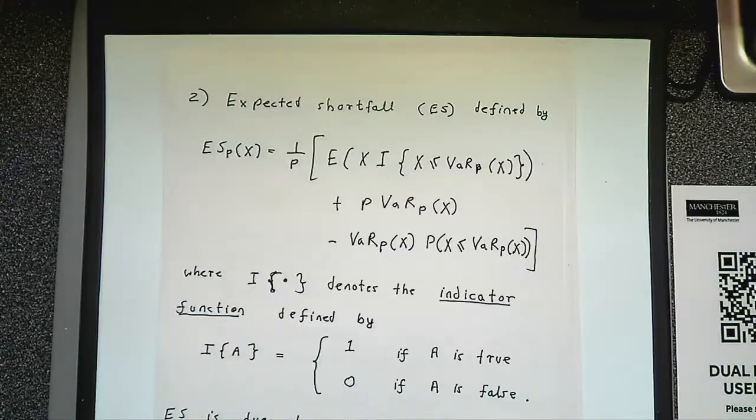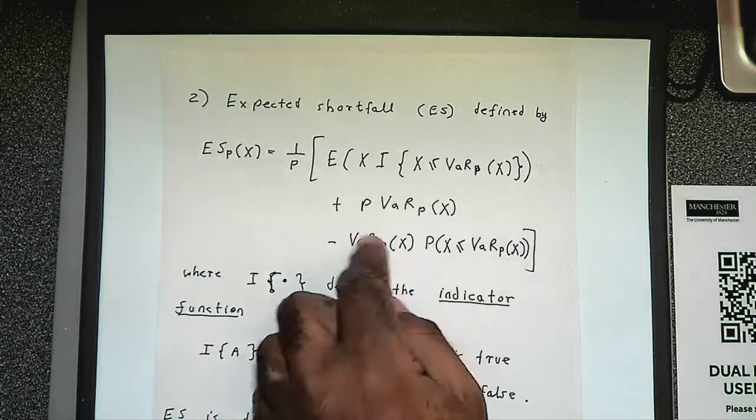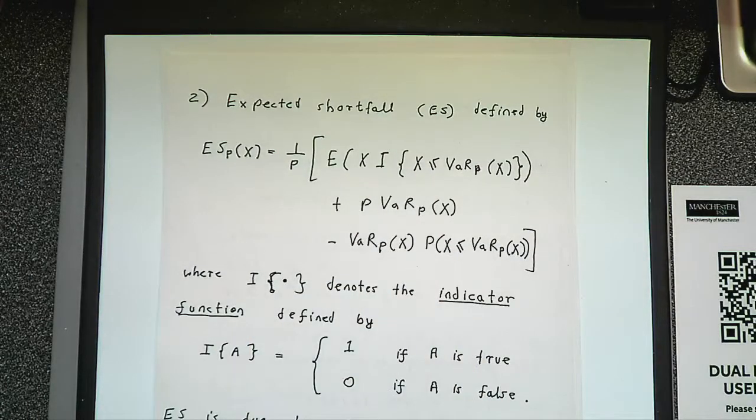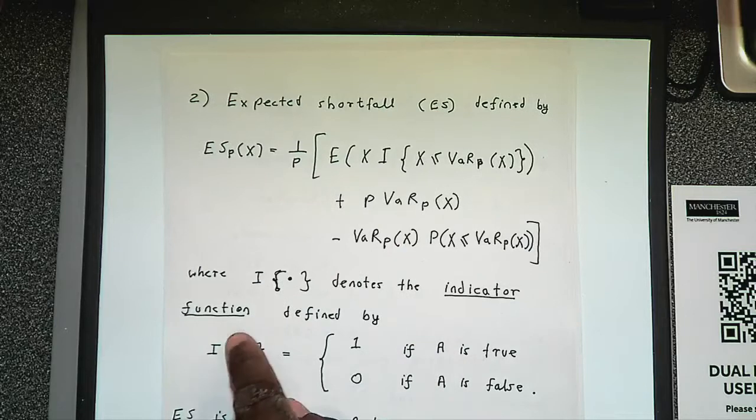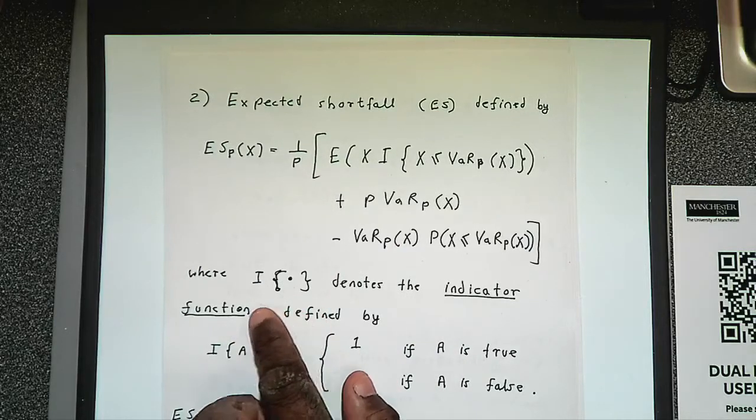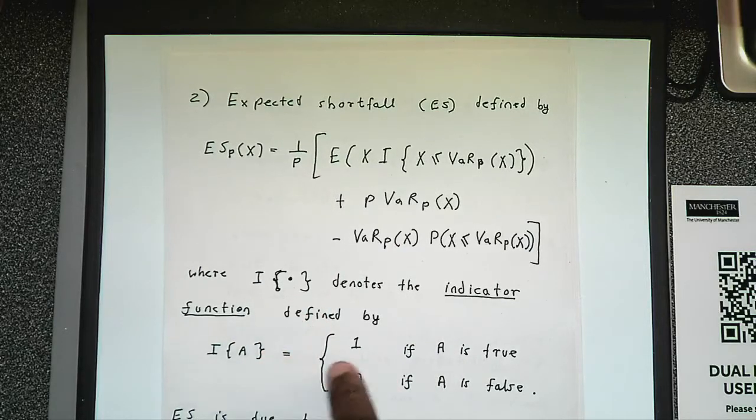The second most popular risk measure is expected shortfall, and is defined by this complicated formula, where I denotes the indicator function, which takes two values. If you don't know what this is, you might have seen it before in other courses you have taken.